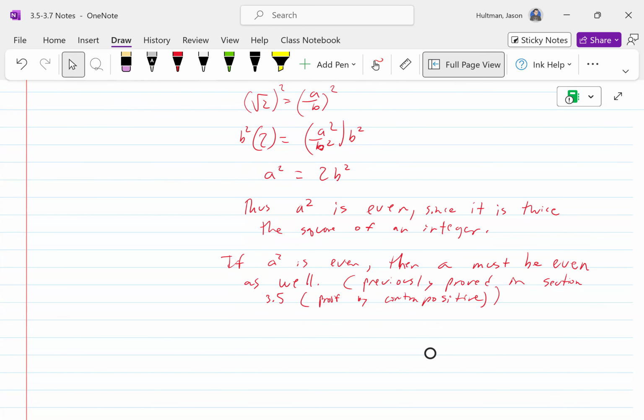Since a is even, then a must be equal to 2k for some integer k.